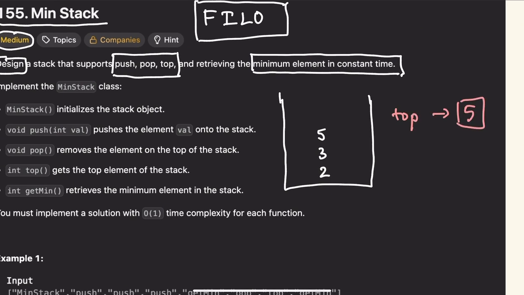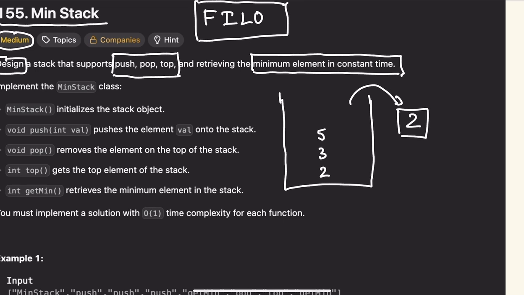You also need to retrieve the minimum element in constant time. In this case, if you want to retrieve the minimum element, it would return the number 2 here, because 2 is the smallest element in the stack.